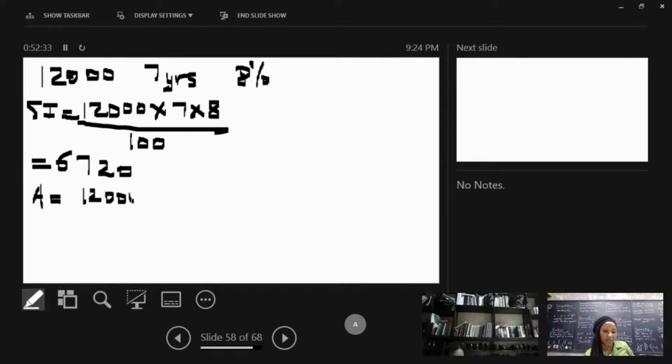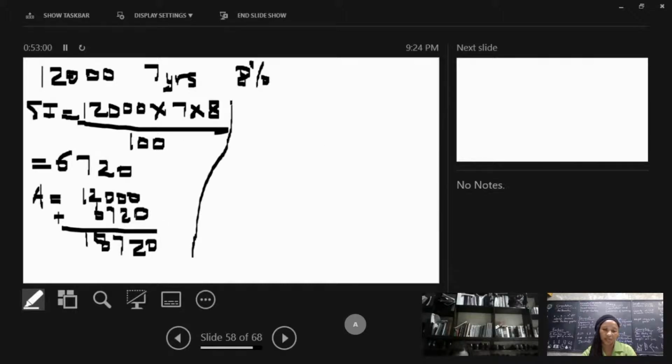How much is that? $18,720. All right, so this is the amount you would end up with at the end of the term. Now work the compound interest.